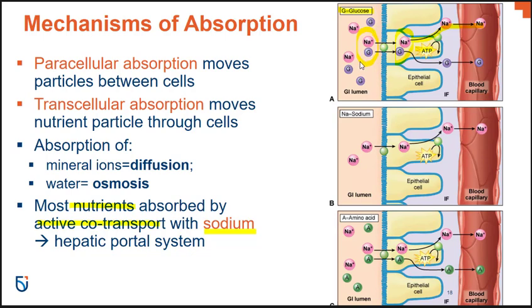That's why it needs to be co-transported. Amino acids are very similar in that fashion: they will be co-transported for similar reasons into the cell, and then sodium leaves through an active transport, active because it's using ATP, and then amino acids can move passively into the blood capillary.